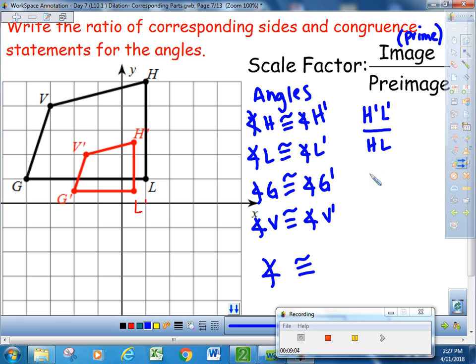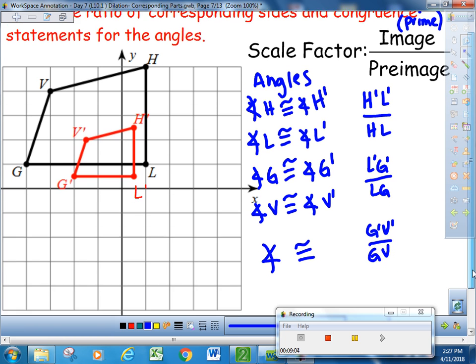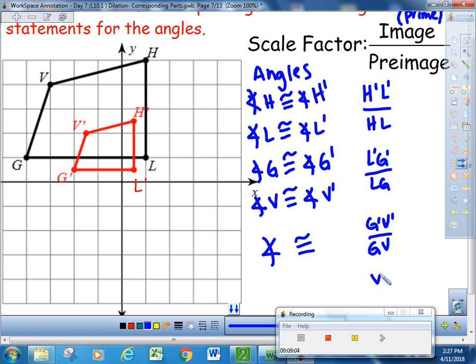And then we have L prime G prime over LG. G prime V prime over GV. And then the last, V prime H prime over VH. If you have a four-sided figure, a quadrilateral, you should have 4 fractions. If you have a triangle, a three-sided figure, you'll have 3 fractions.